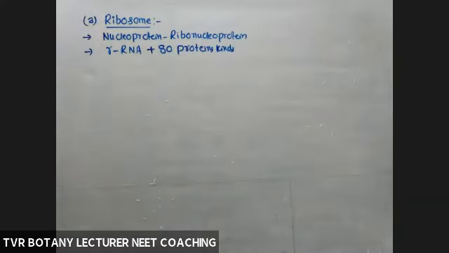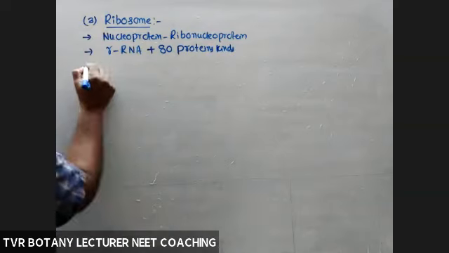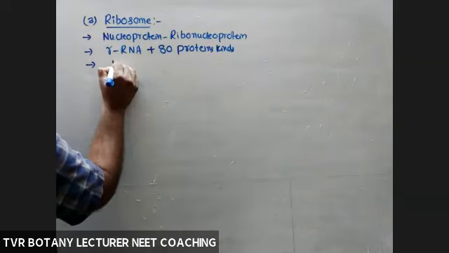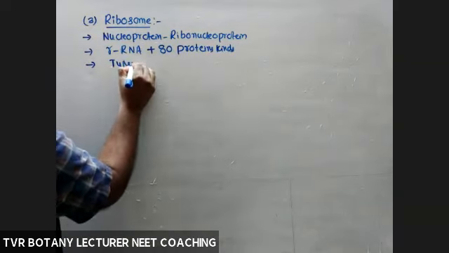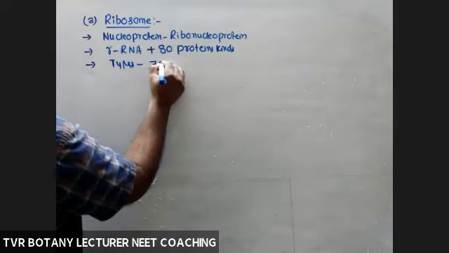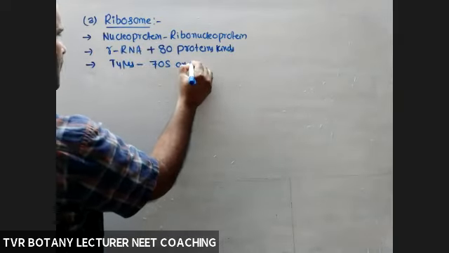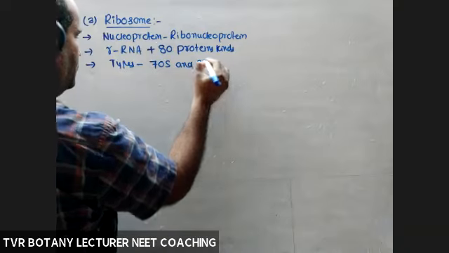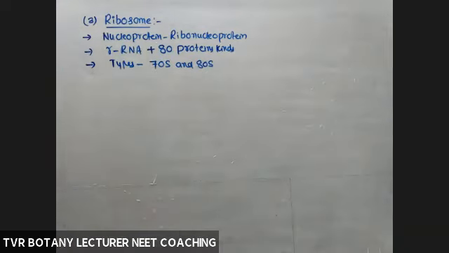So definitely ribonucleoprotein. So what are the types? Types are well known to you: 70S and 80S. And a very, very important thing is the association of subunits.